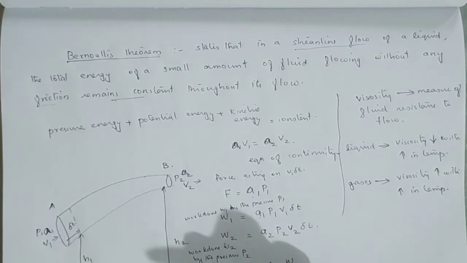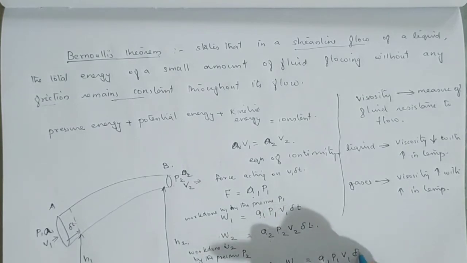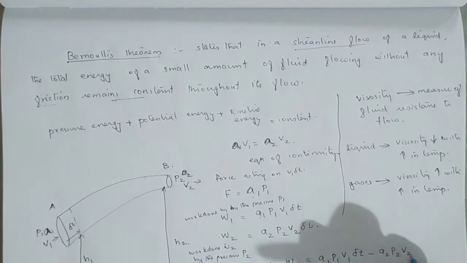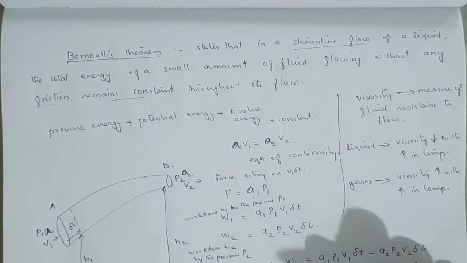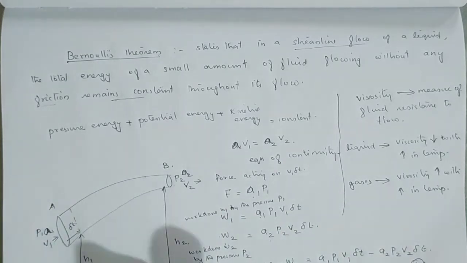W1 minus W2 equal to A1 P1 V1 delta T minus A2 P2 V2 delta T. ഈ ഒരു ഇക്വേഷൻ അവിടെ നിൽക്കട്ടെ. ഓക്കെ, നമ്മൾ വർക്ക് ഡൺ കണ്ടുപിടിച്ചു.